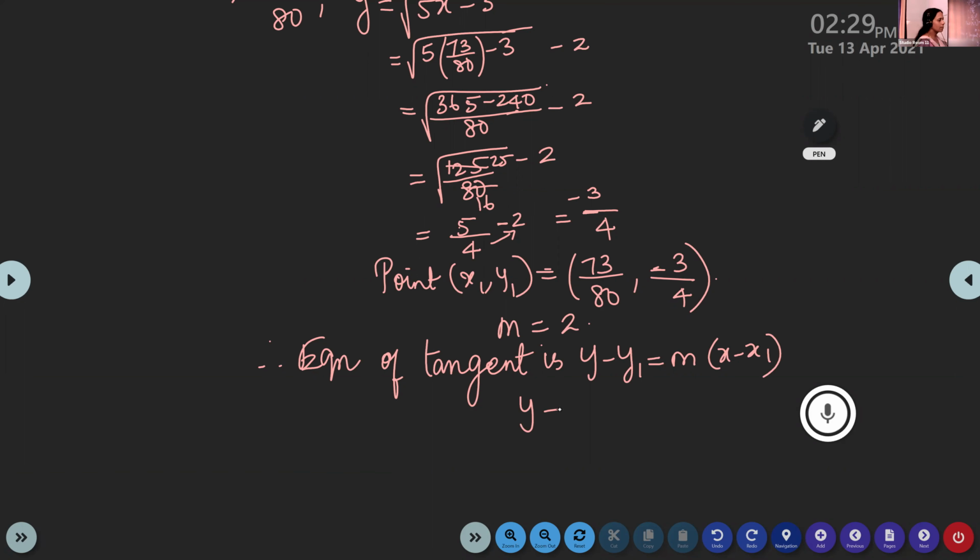So y minus, although negative is there, negative of negative will become positive, is equal to 2 into x minus 73 by 80. Take the LCM, simplify, cross multiply, and give the final answer.